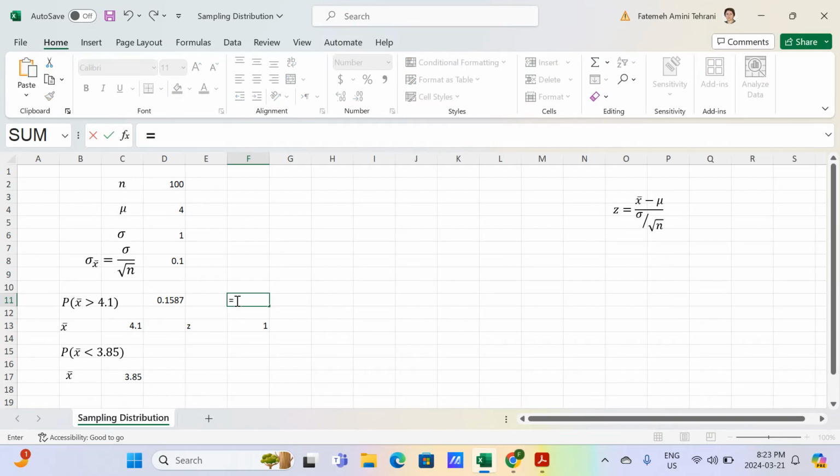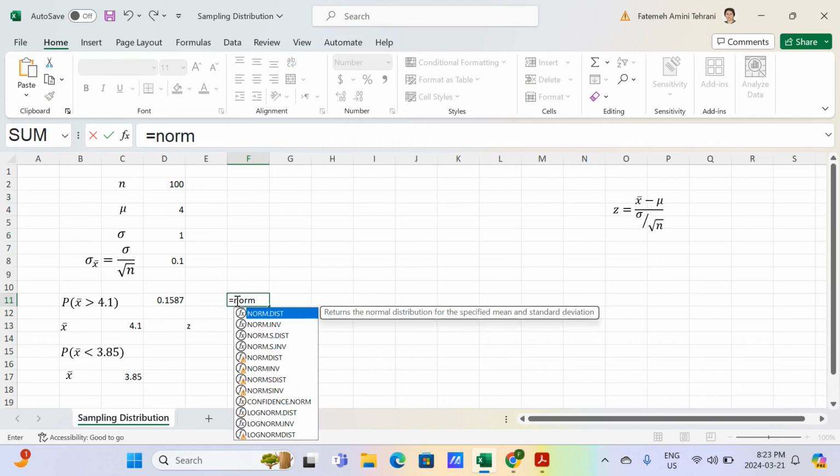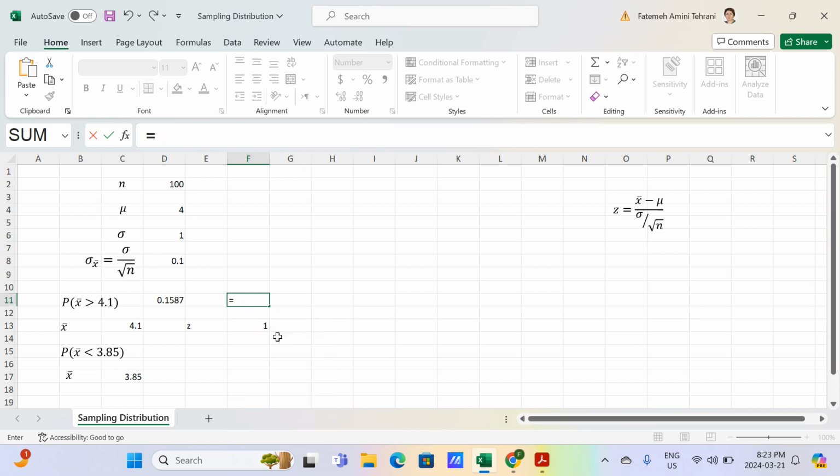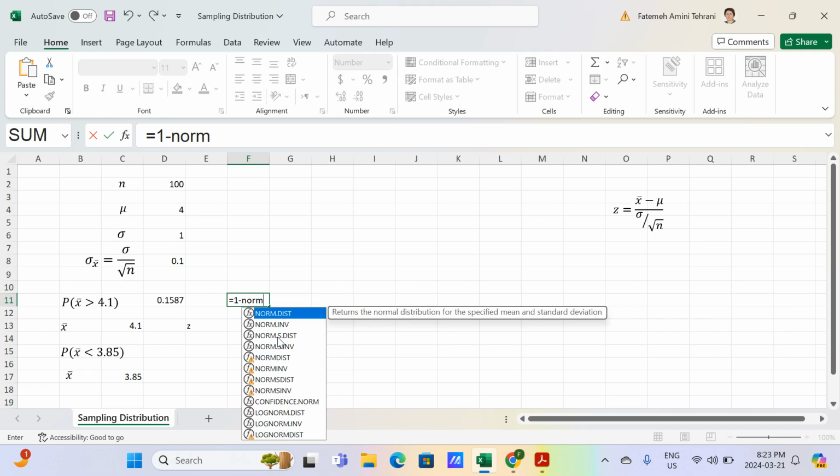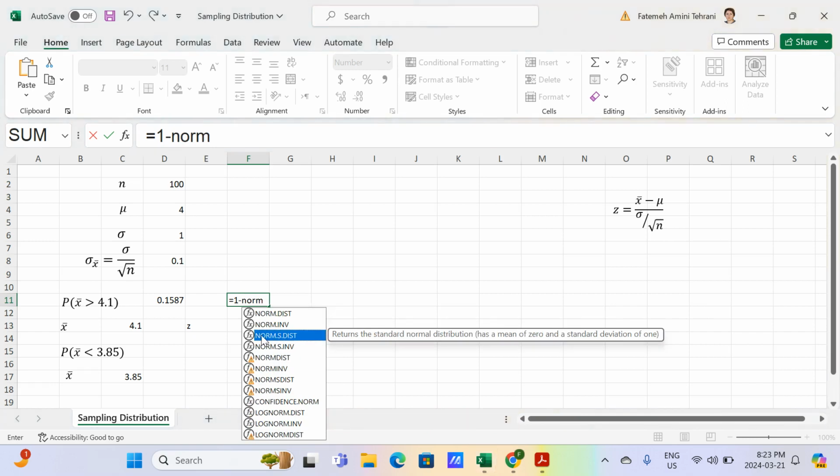To find the same probability by using the z value, by using a standard normal distribution, I'm going to type norm standard distribution. But again, because I'm looking for the area on the right side, since x bar is more than 4.1, I'm going to use 1 minus norm standard distribution.